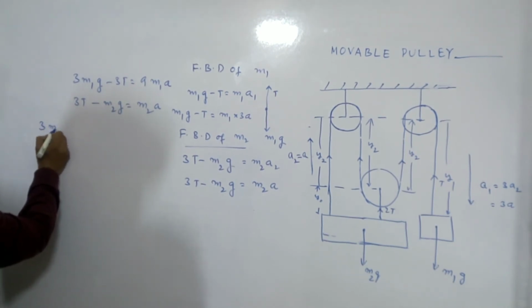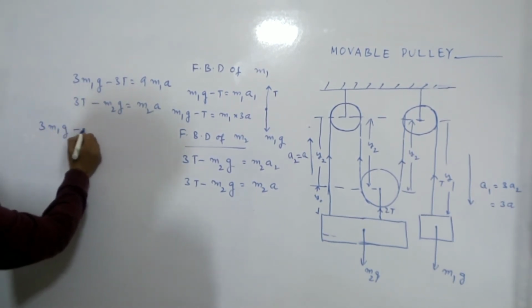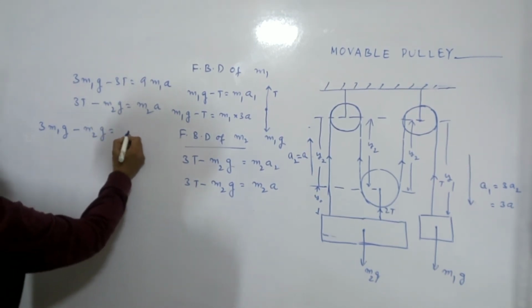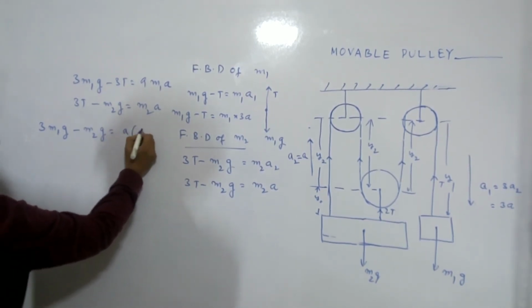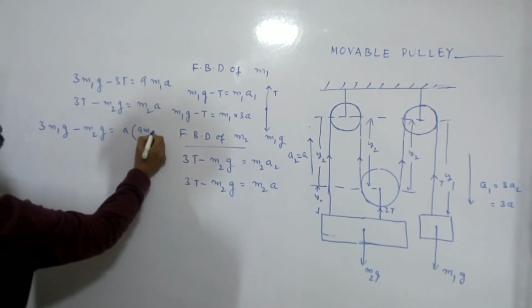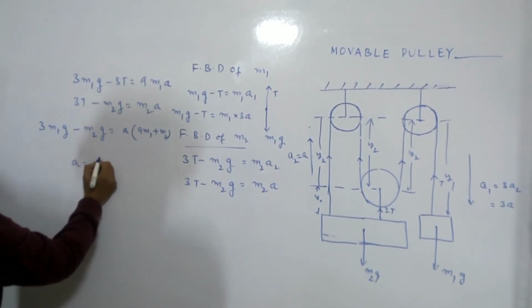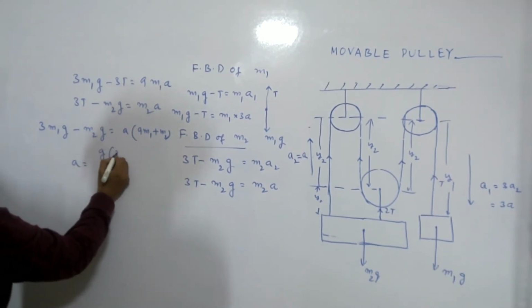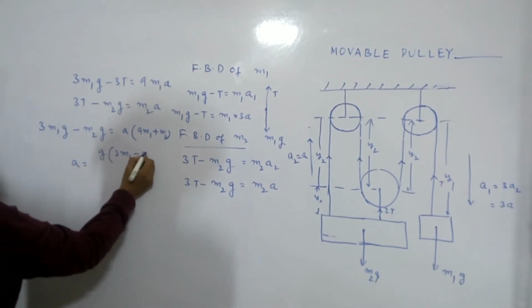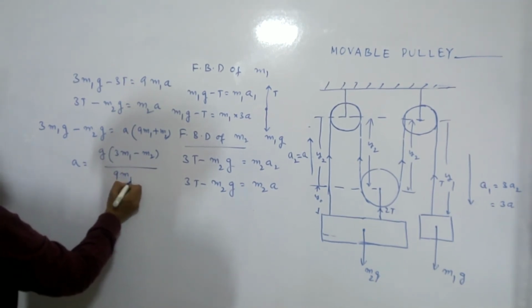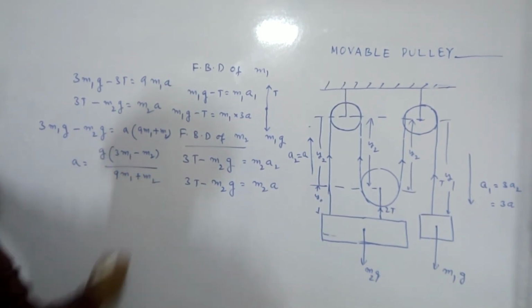3m1g minus m2g is equal to a of 9m1 plus m2, and we got acceleration as g of 3m1 minus m2 by 9m1 plus m2.